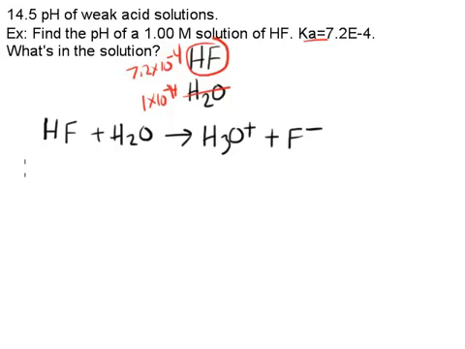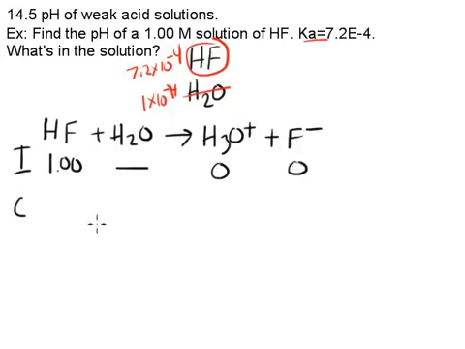So our ice table, our initial concentration of HF is 1 molar. H2O is a liquid. It doesn't go in our ice table. It doesn't go in the equilibrium expression. We're not starting with any of these. We want to know how much does it form.